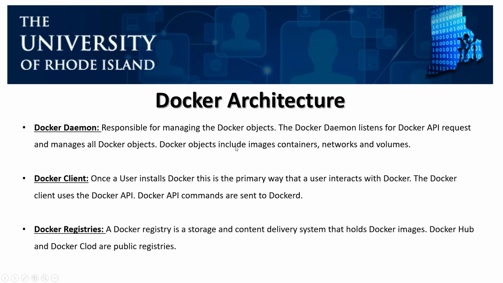So let's talk about the Docker architecture. The Docker architecture is responsible for managing the Docker objects. The Docker daemon listens for Docker API requests and manages all Docker objects. So Docker objects include images, containers, networks, and volumes.